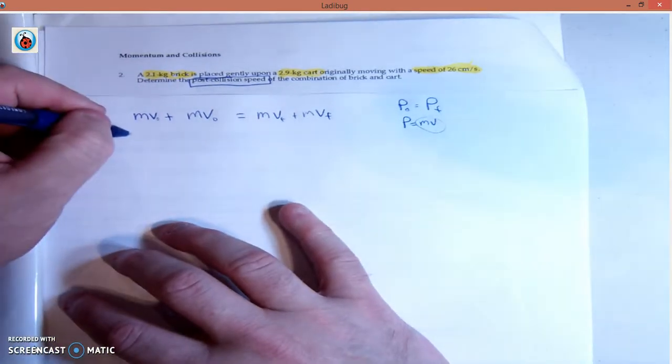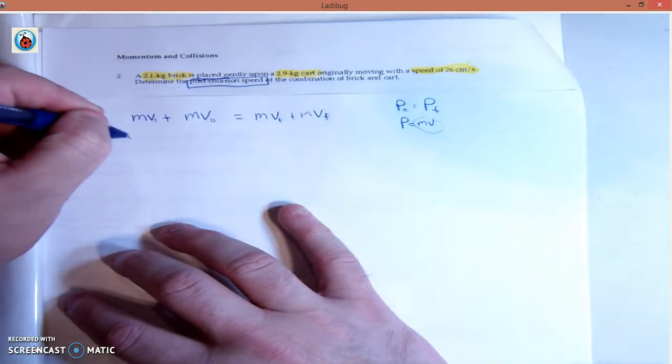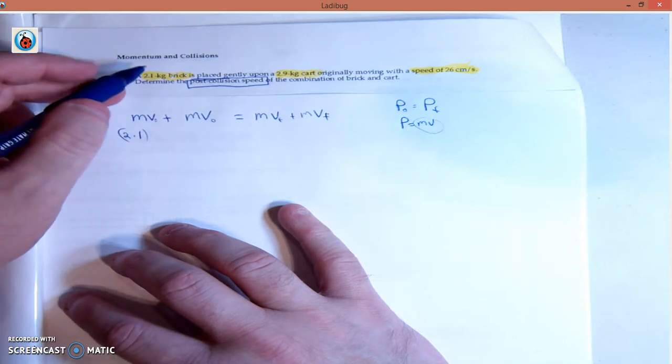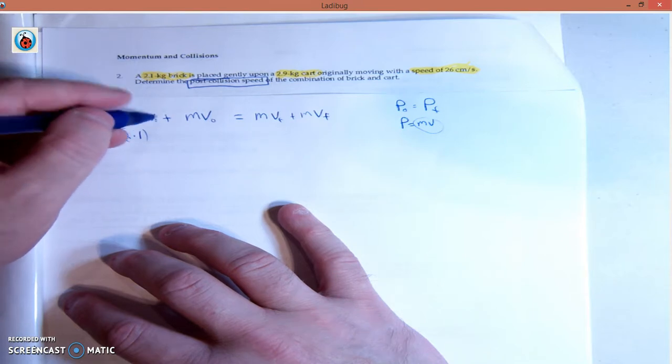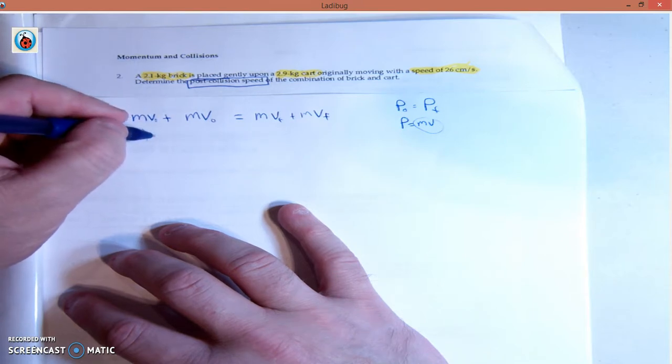Well, first thing we're going to do is plug in what we need to plug in. We know that the mass of the first object is 2.1, in parentheses. We know the velocity, we'll call it 0, because I guess it was placed gently.